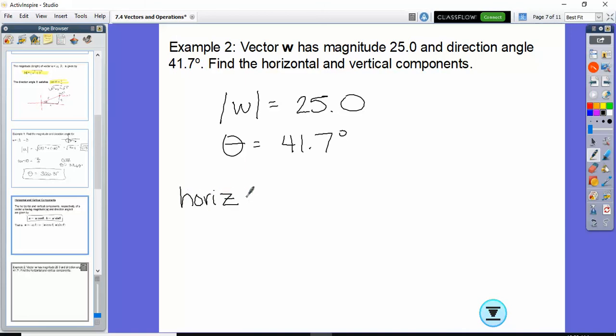Your horizontal is like your x, which in this case is denoted with A. We find it by doing the magnitude times the cosine of your angle. So we have 25 times the cosine of 41.7, and we get, let's round to 3 significant digits, 18.7.